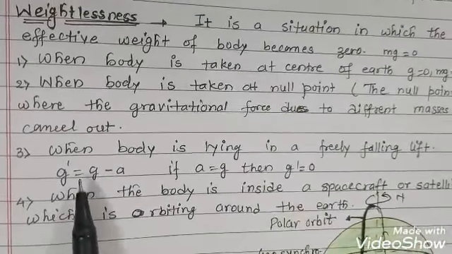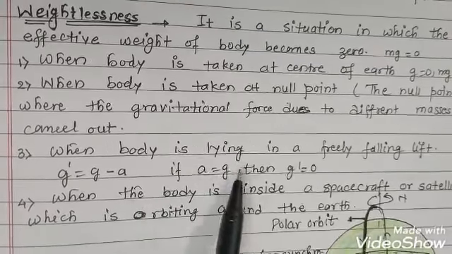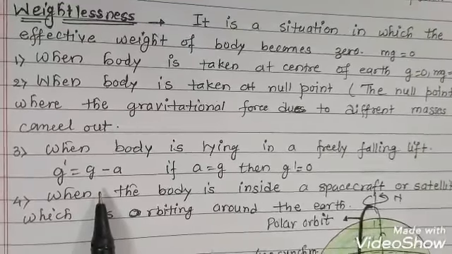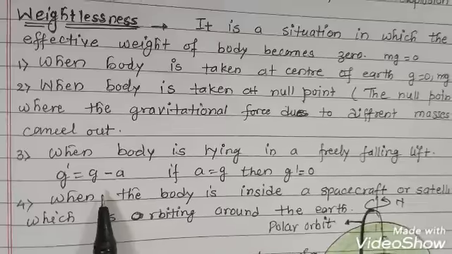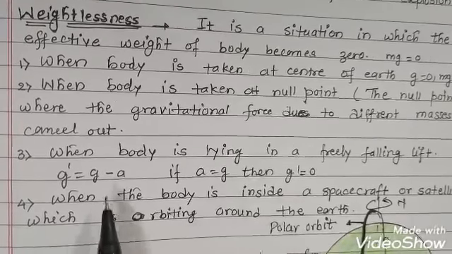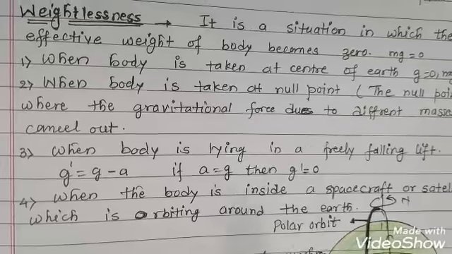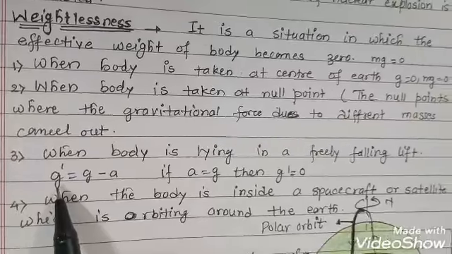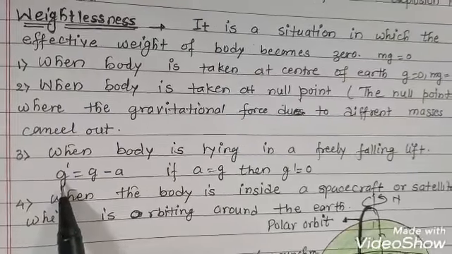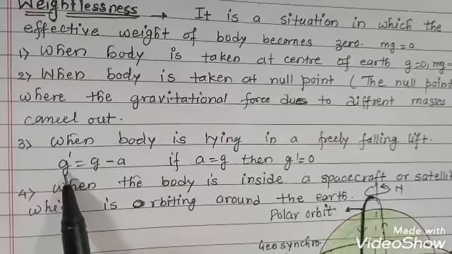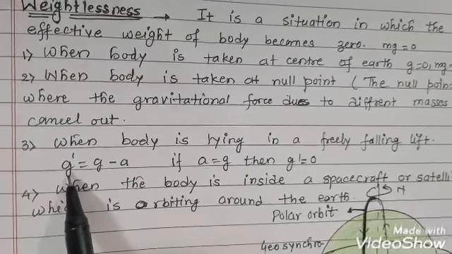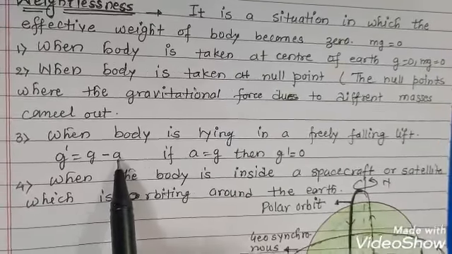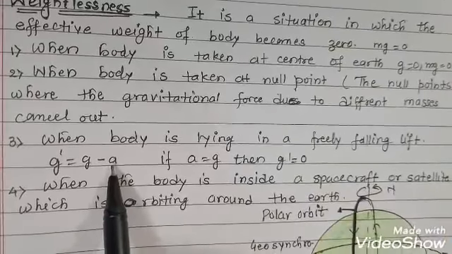Next we'll see when the body is lying in a freely falling lift. This case we have already observed in chapter 5, laws of motion, when a lift is freely falling. In that situation the formula came that g dash, the apparent acceleration due to gravity, is equal to g, the actual acceleration due to gravity, minus the acceleration by which the lift is falling.